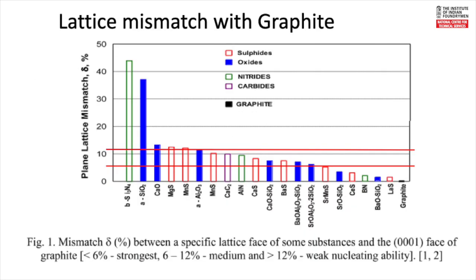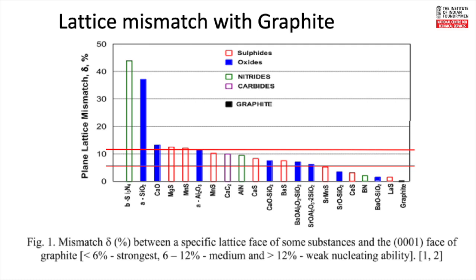Now, here is a very interesting graph about lattice mismatch. Because we talked about the stability of the inoculant and the nature of the inoculant, and another important parameter was the lattice mismatch. That is, we talked about delta percentage.